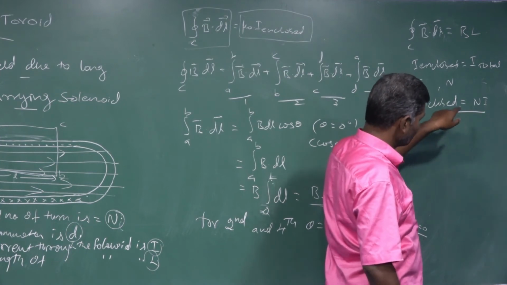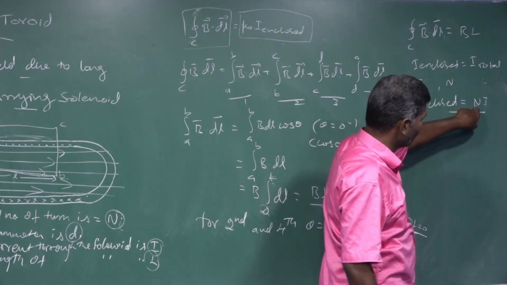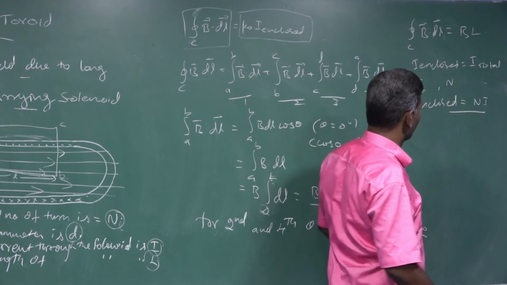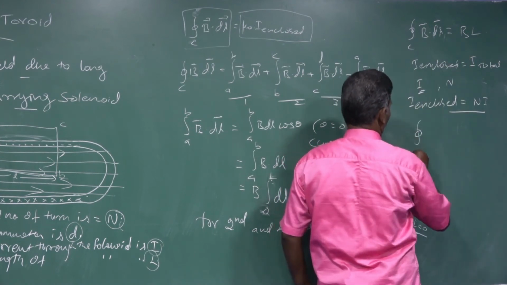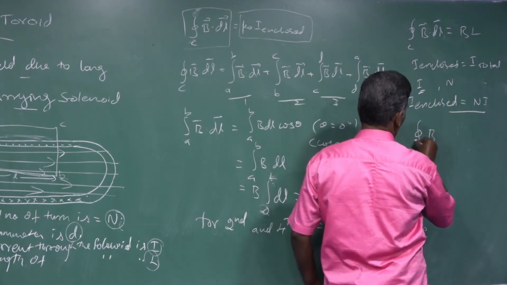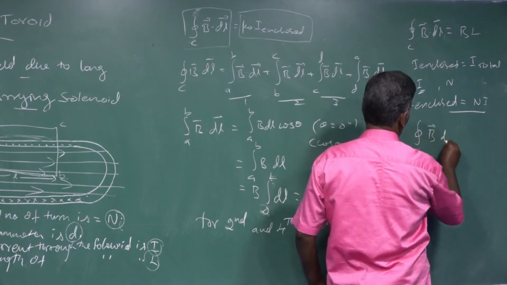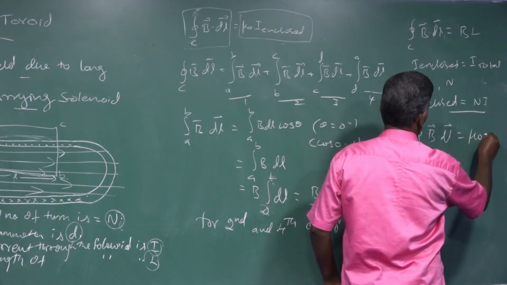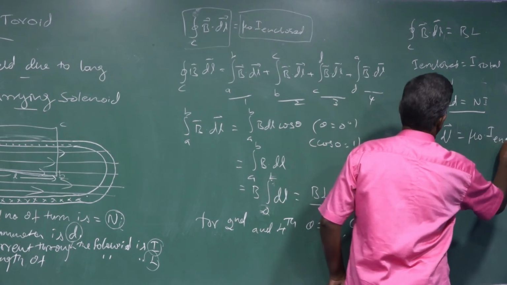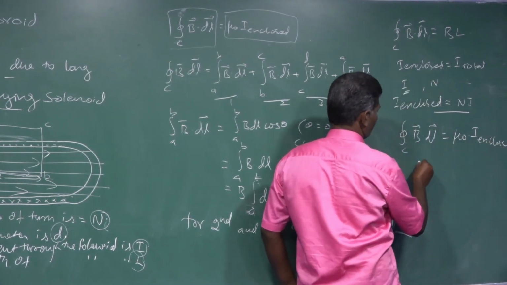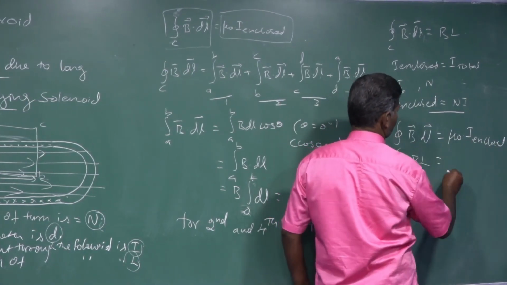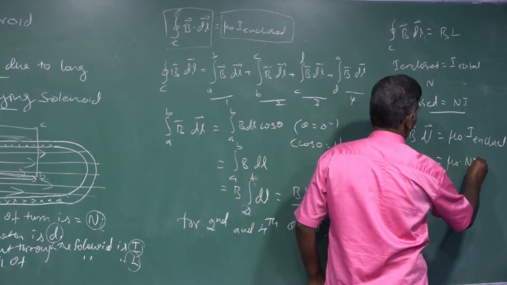So the right side value is NI. Instead of I enclosed, we substitute NI, and the left side is BL. So in our Ampere's Circuital Law, the line integral of B vector dot dl vector is equal to mu naught into I enclosed. We substitute BL is equal to mu naught NI.